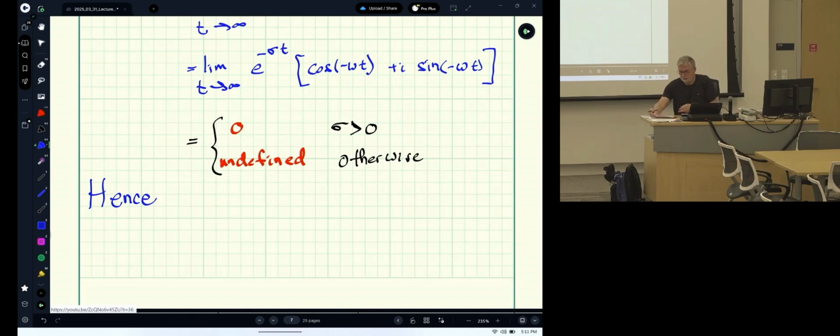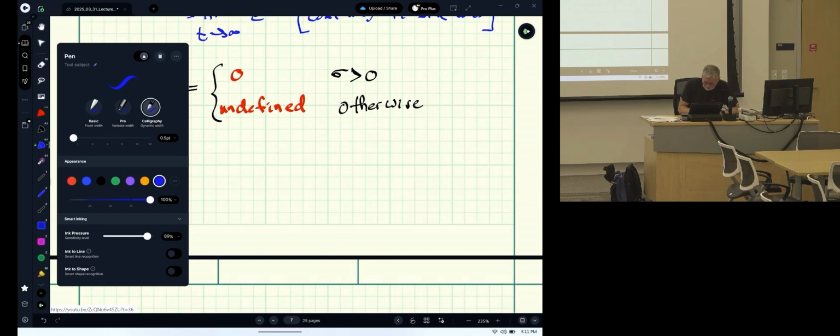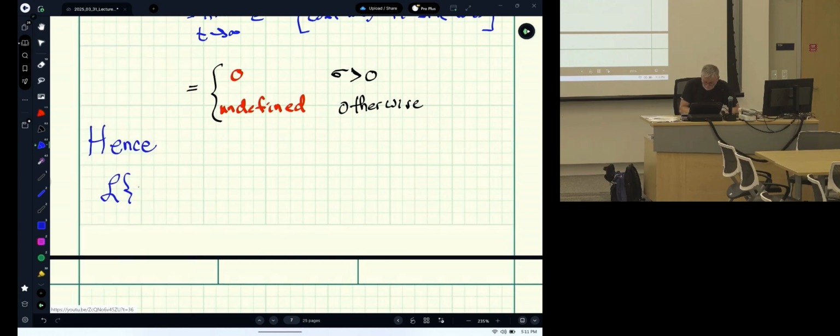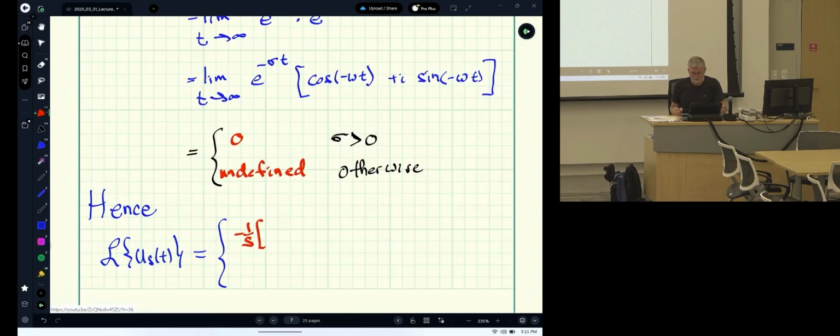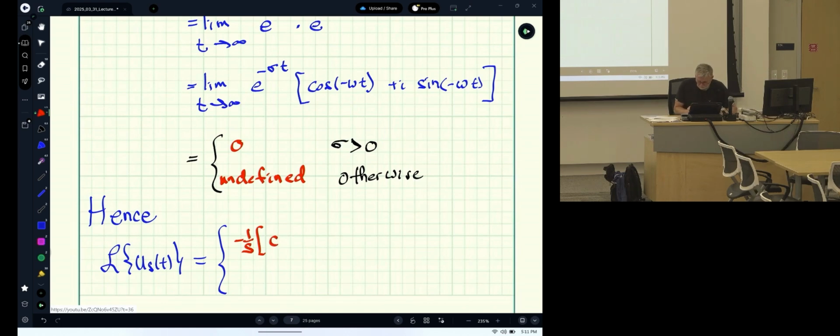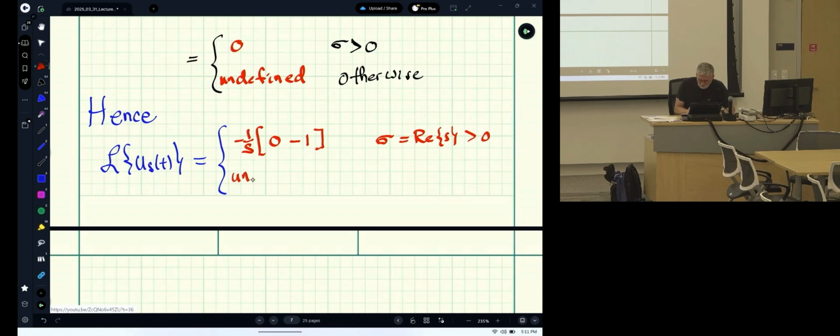I don't want to make a minus sign mistake here. The Laplace transform of the unit step of t equals minus 1 over s times the first limit, 0, minus the second limit, 1, and that's when sigma, the real part of s, is positive, and it's undefined otherwise.